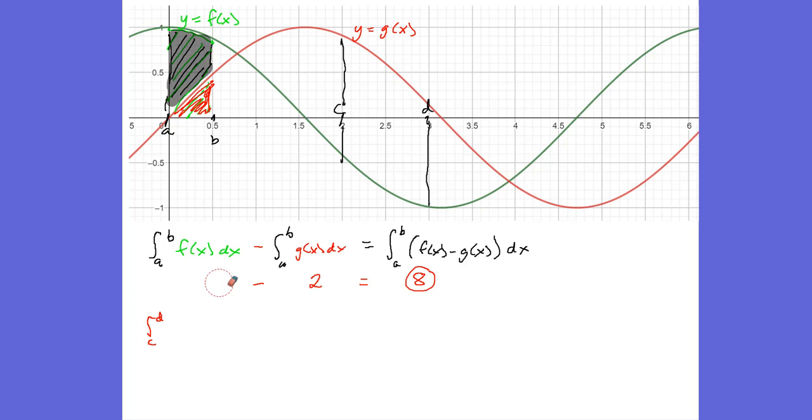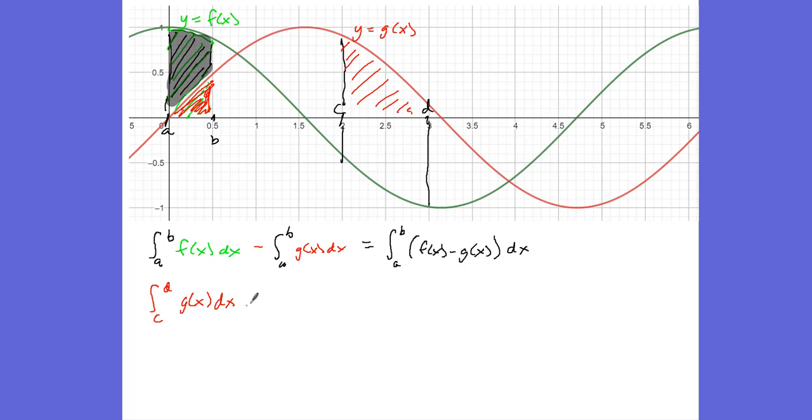I'm going to erase this one and make it a little bit higher here. We're going to go from c to d of g of x dx, the one on top, and that gives you this area from g of x to the x-axis.